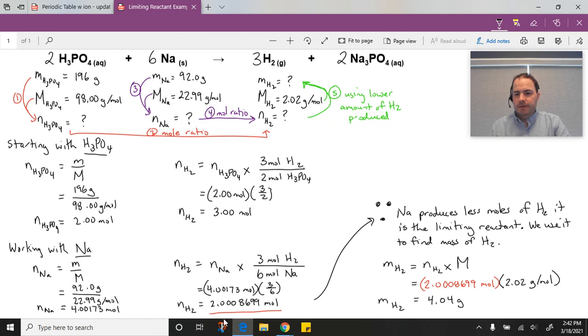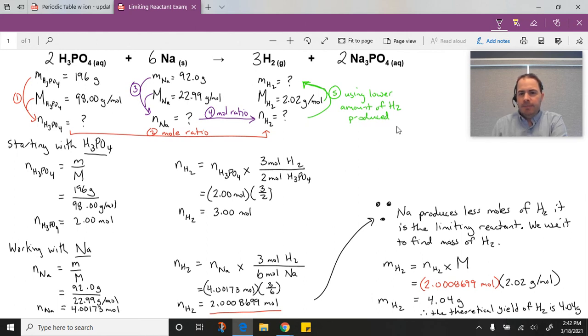So we've figured out our theoretical yield, and so we can finish it off with a statement. We're going to produce 4.04 grams as our theoretical yield, right?